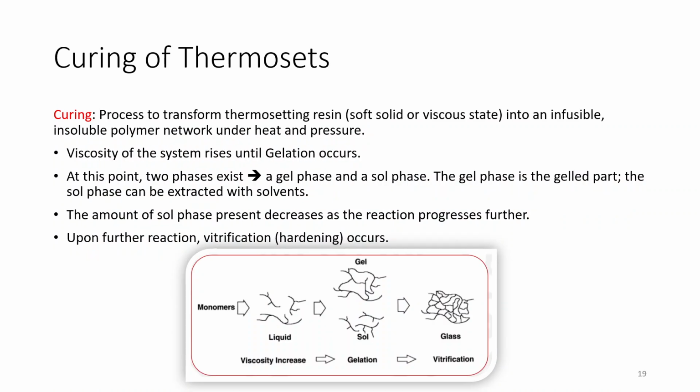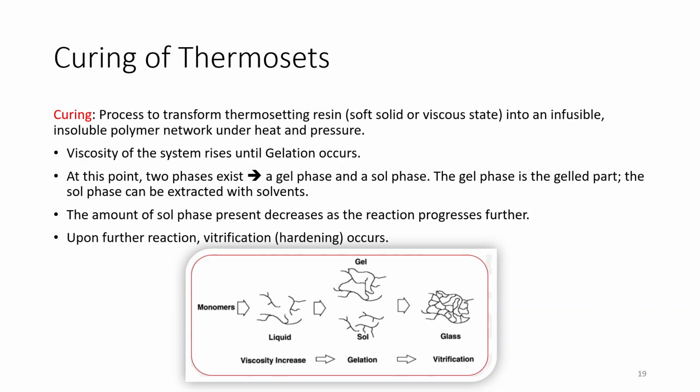Next was the curing of thermosets. It is the process of transforming thermoset resin, which is in a soft, solid, or viscous state, into an infusible, insoluble polymer network under heat and pressure. The viscosity of the system rises until gelation occurs.